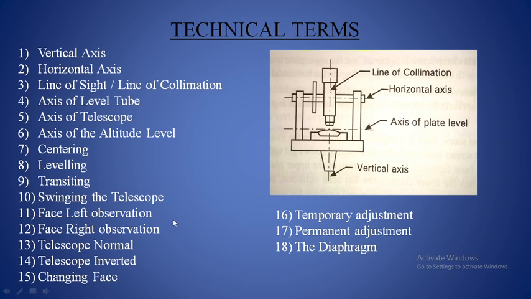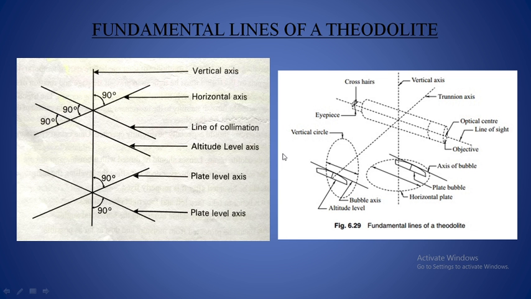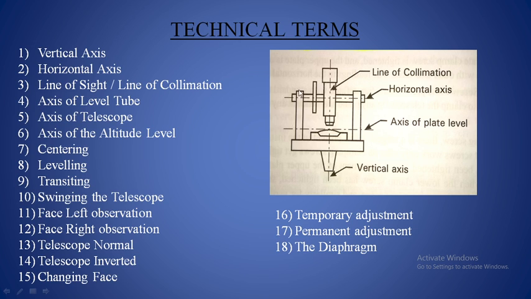readings. Now if you plunge or reverse the telescope 180 degrees and also rotate the telescope 180 degrees in the horizontal plane, then this vertical circle will come to the right side, and the eyepiece will go to the other side and the object glass will come to this side.